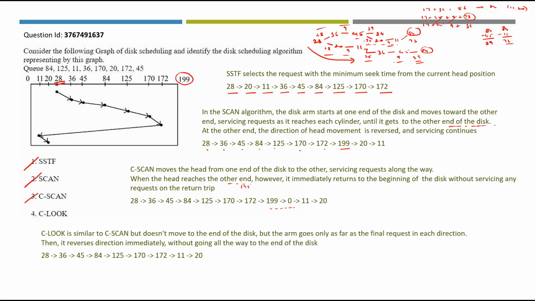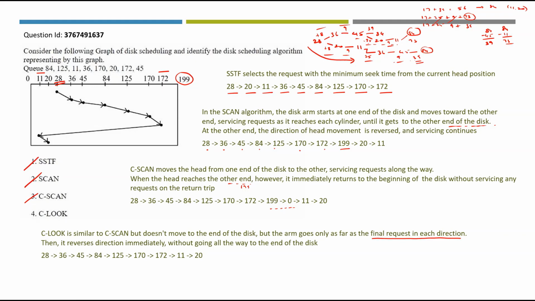What about C-look? C-look is similar to C-scan but does not move to the end of the disk; the arm goes only as far as the final request in each direction. It means 172 is the final request towards one end and 11 is the final request at the other end.